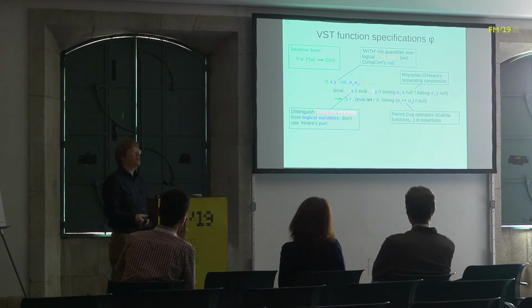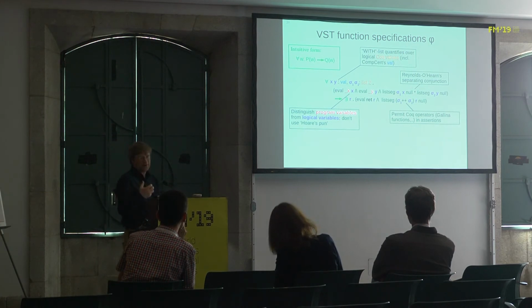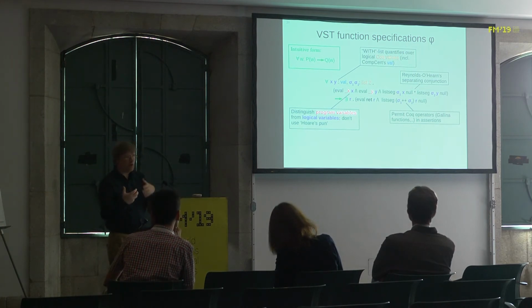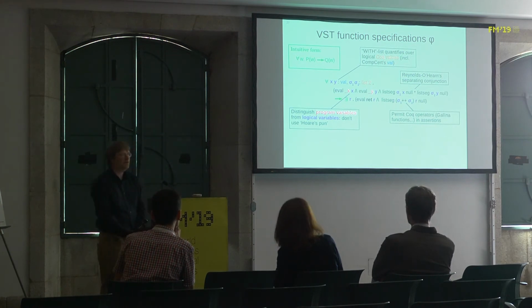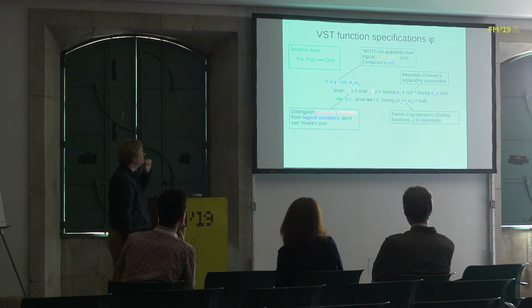So we can both refer to values of C, so that's val there, but also over items whose type is an arbitrary Coq type. And that is very useful if we want to really relate what happens in a C program to what happens in the domain of the user, the application domain. We then have in the second line essentially our precondition, and in the third line our postcondition.